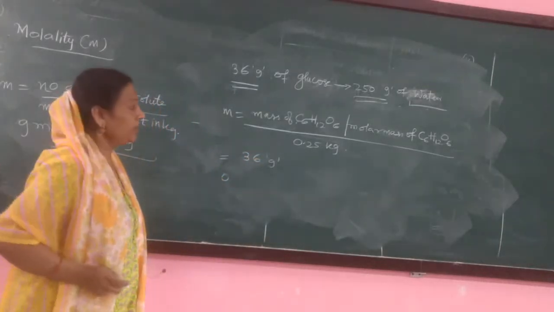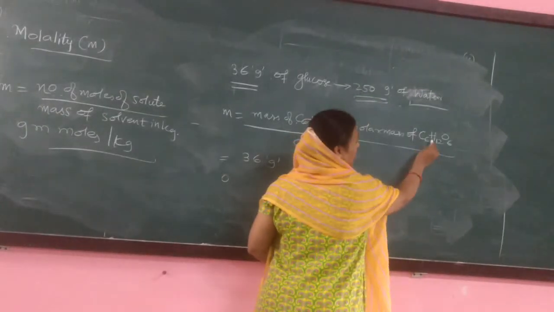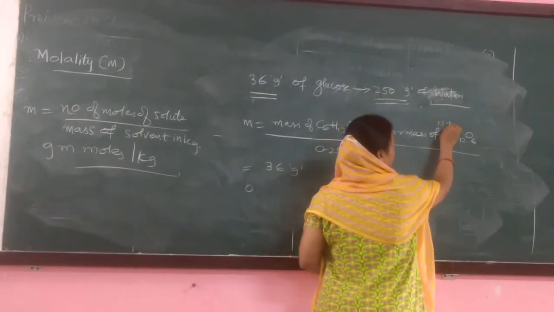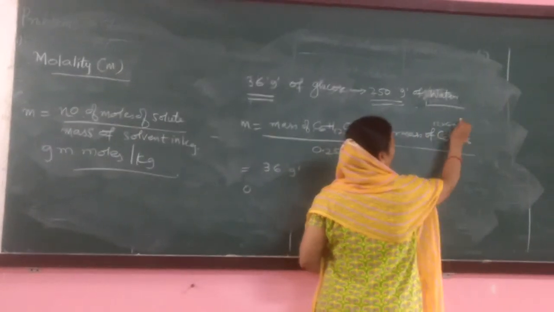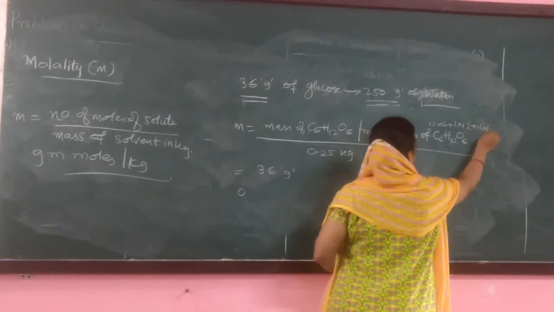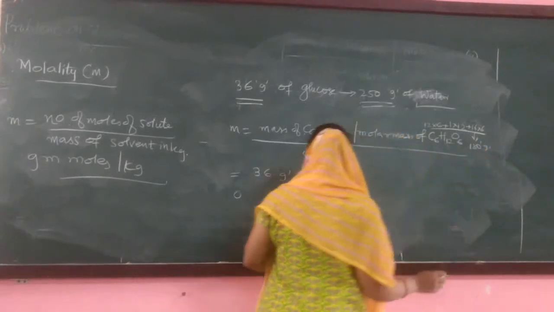How do you get the molar mass of glucose? By adding the atomic mass of carbon, hydrogen and oxygen. So here we will have 12 into 6, 6 carbons are there, plus 1 into 12 plus 16 into 6. Now this comes out around 180 grams.